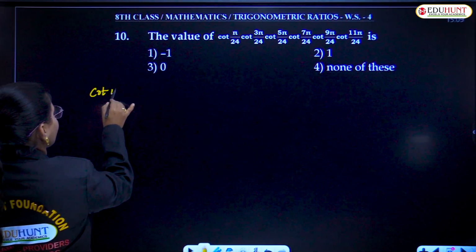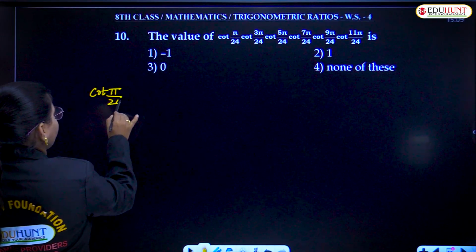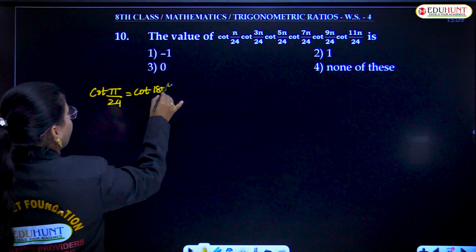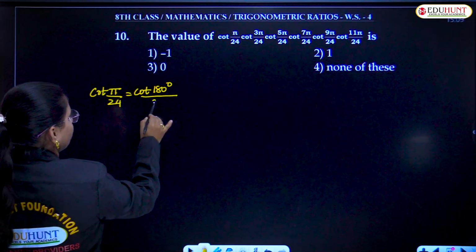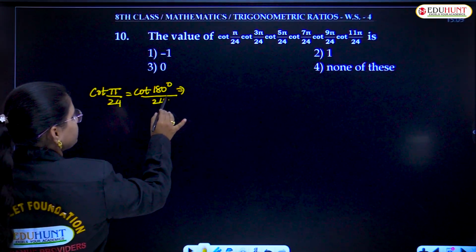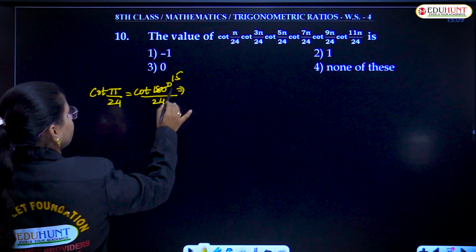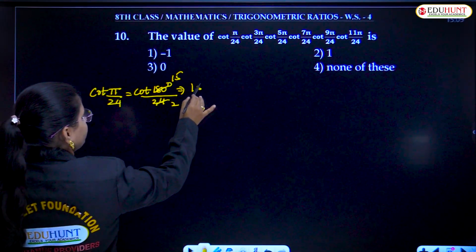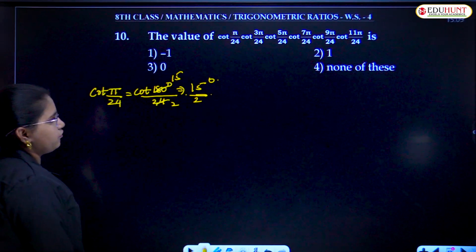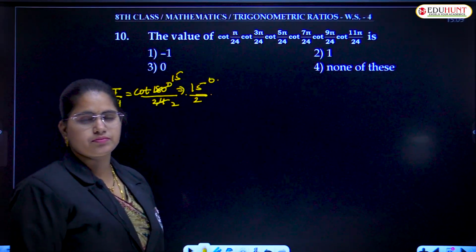Cot pi by 24 can be written as cot 180 degrees by 24, since pi is 180 degrees. If you cancel this, 12 15s are 180, 12 2s are 24, which is 15 by 2 degrees.